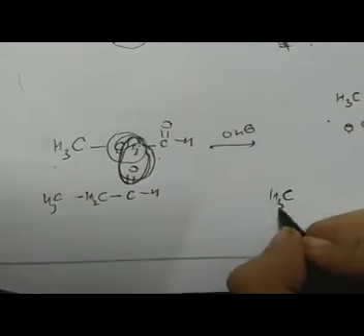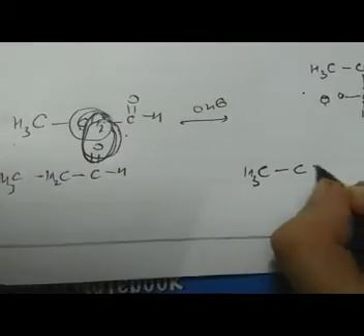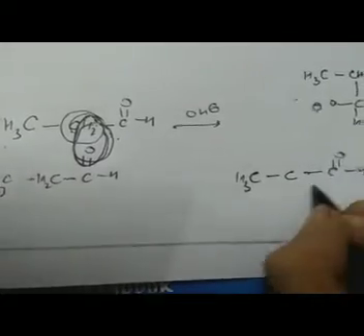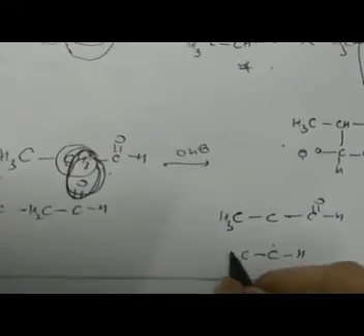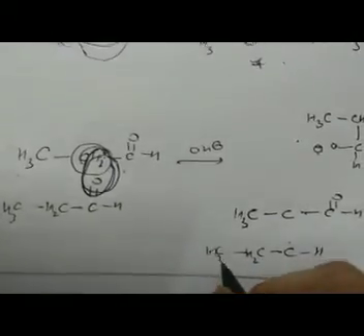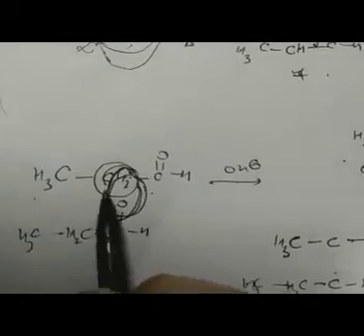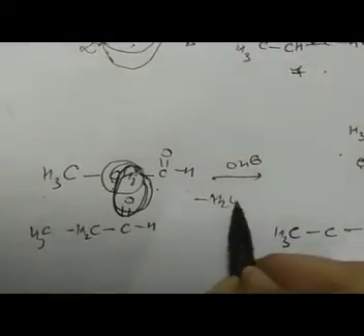Basically, these two hydrogens and this oxygen are getting removed, that is, water is removed, and a double bond is formed between those two carbons. So this is a short trick which you can apply while doing aldol reactions.